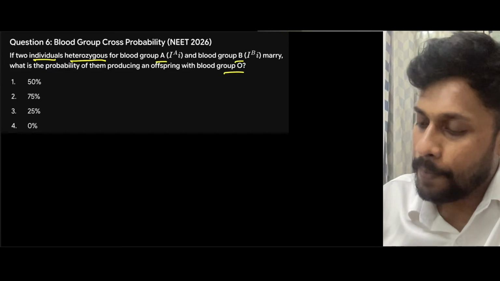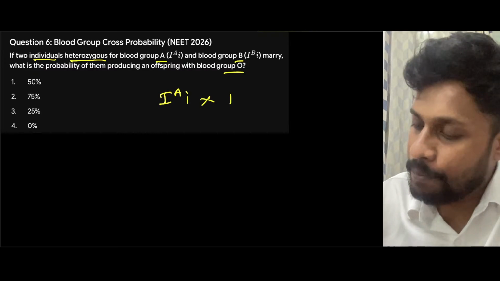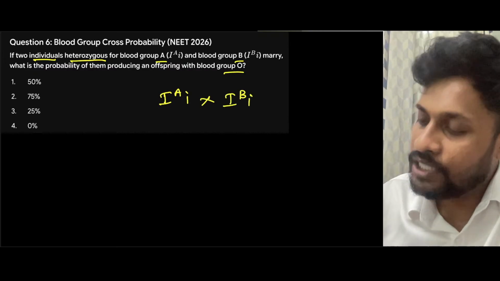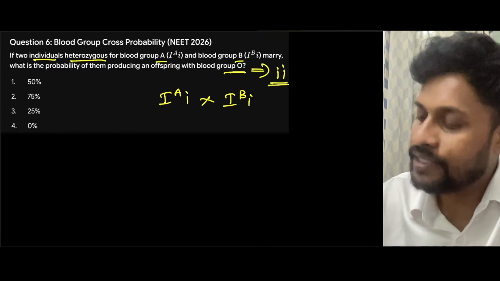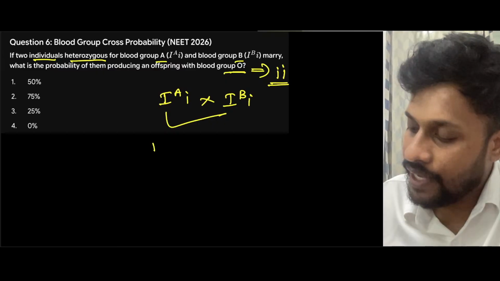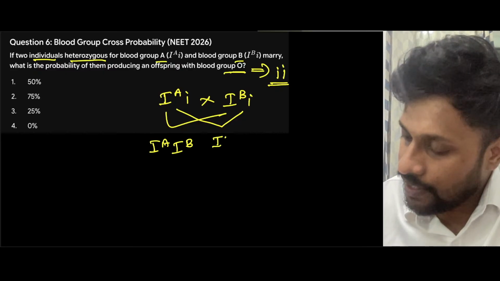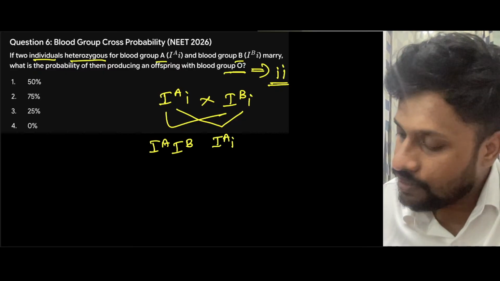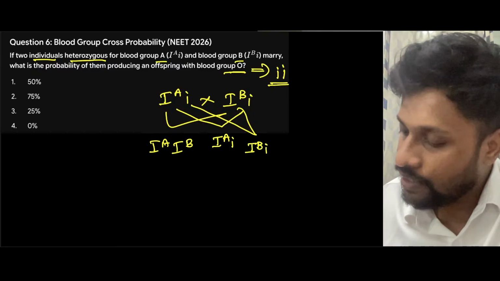Blood group A means IA small i, and B means IB small i. What is the probability of O? You know, O is represented by small i, right? So IA IB, another one IA small i, then IB small i, then small i small i.